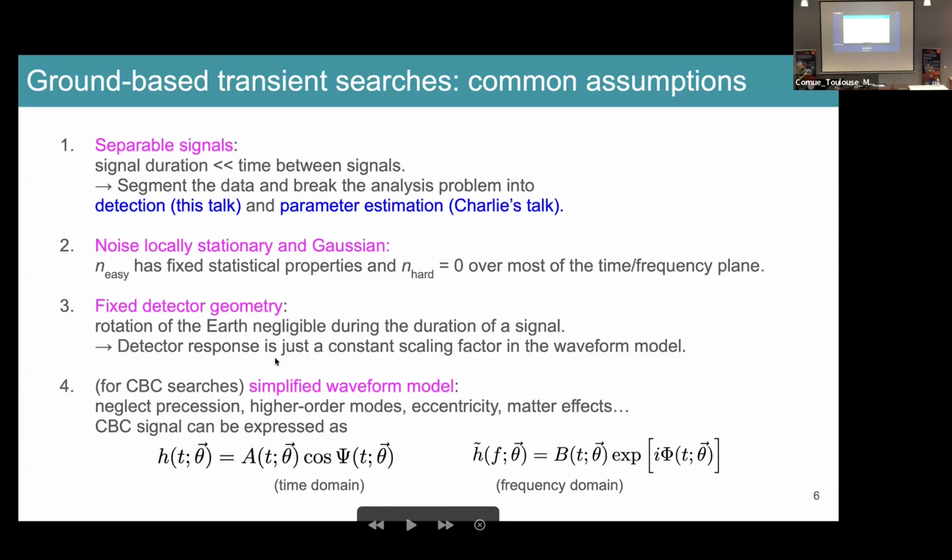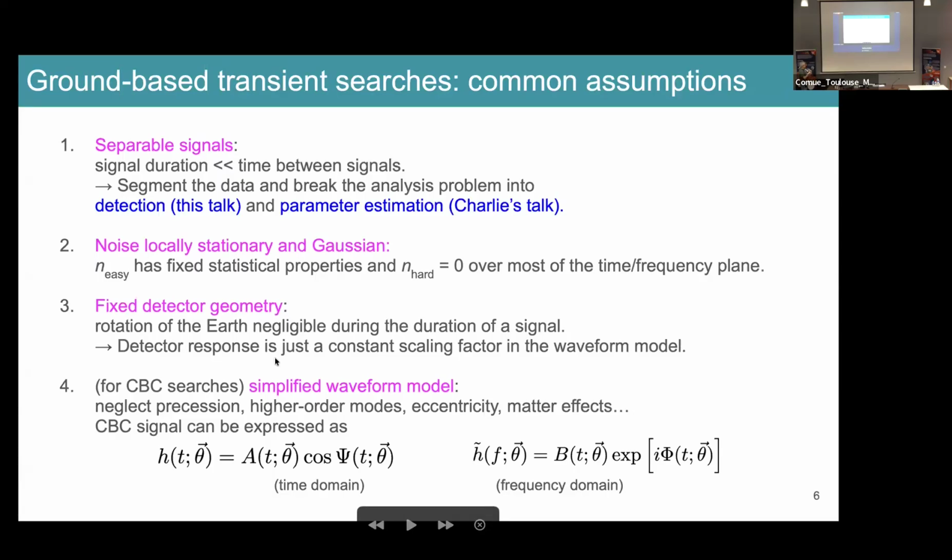The first one is we are going to assume that the signals are separable. And by this, I mean that the duration of a CBC signal is much shorter than the average time between the signals, which is a good approximation at the moment. But John will probably talk about this approximation tomorrow.